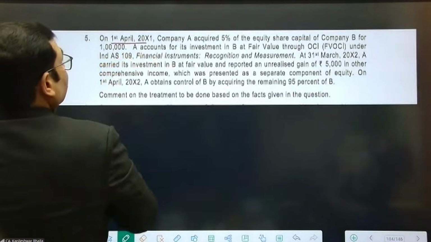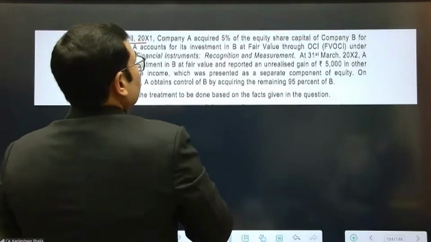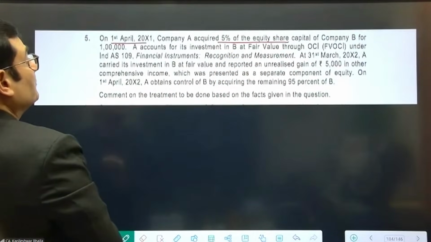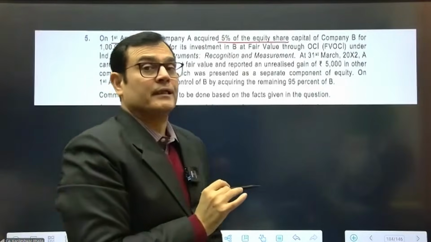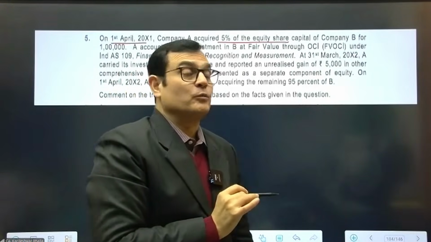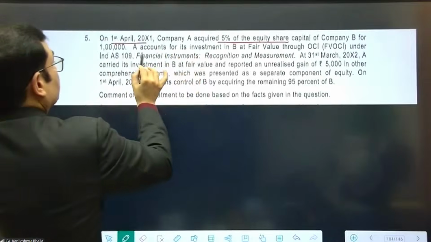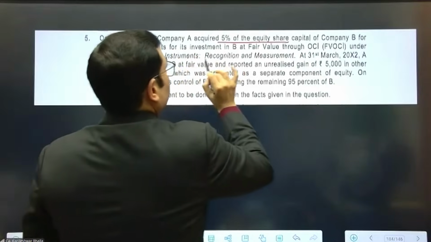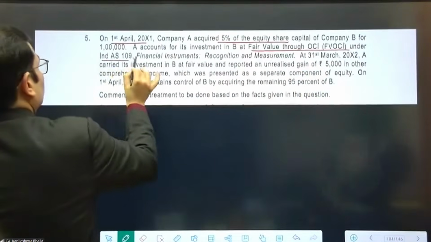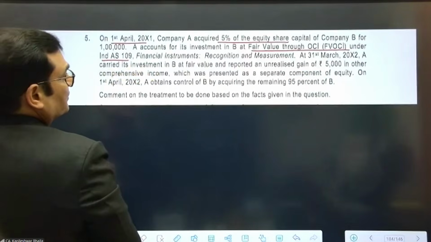On 1st April X1, Company A acquired 5% of the equity share capital of B. So when I say it acquired 5%, one thing is very clear, that A was a passive investor and Ind AS 109 would apply. Then he says A accounts for the investment in B at fair value through OCI under Ind AS 109 financial instruments.